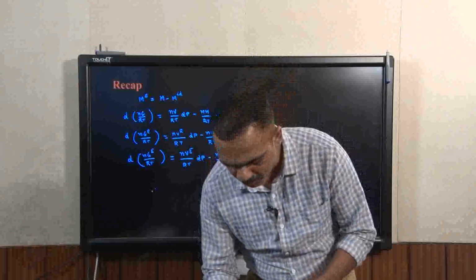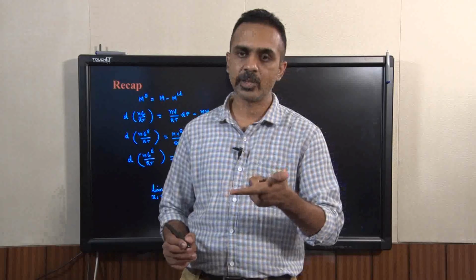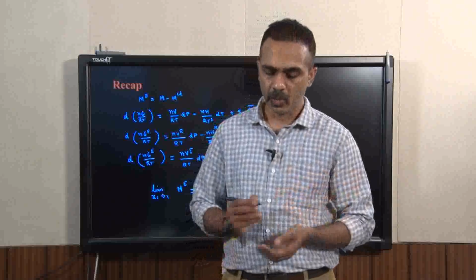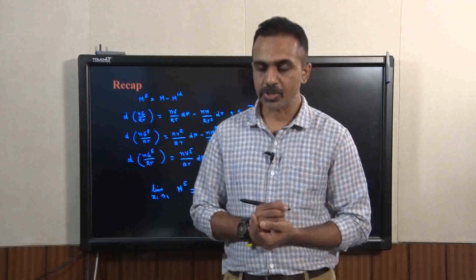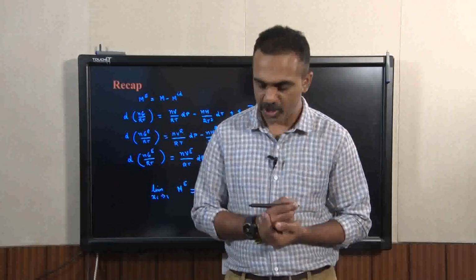We said at the pure component limit xi going to 1, the excess property ME should go to 0 because it will hit the pure component limit. Both M and M for the ideal solution approach the pure component limit, so that difference will go to 0. This is true at all the corresponding pure component limits for each of the species.